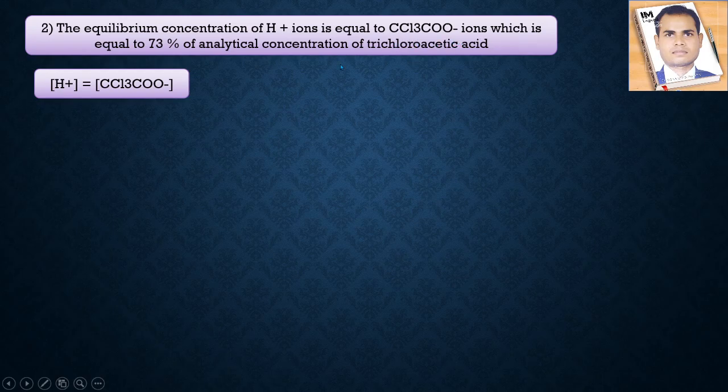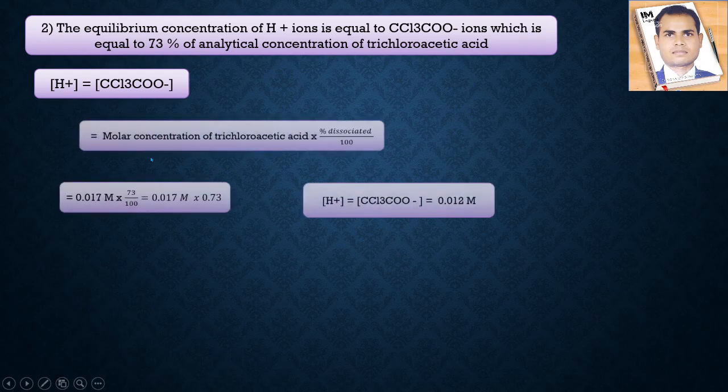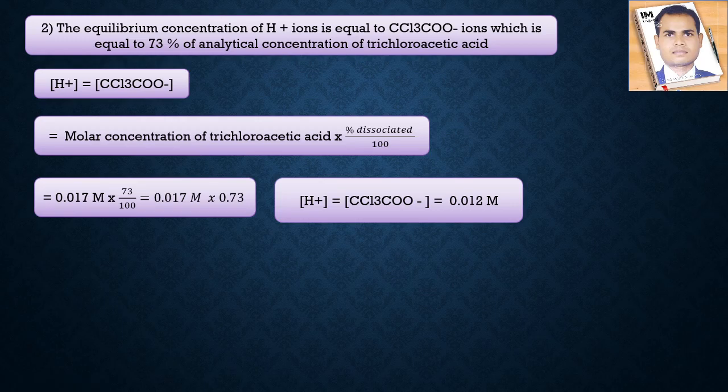And the next is the equilibrium concentration of H plus ions, which is equal to that of CCl3COO minus ions, which is equal to 73% of the analytical concentration of trichloroacetic acid. So the concentration of H plus ions is equal to the concentration of CCl3COO minus ions, and that is the molar concentration of trichloroacetic acid times the percentage dissociated divided by 100.